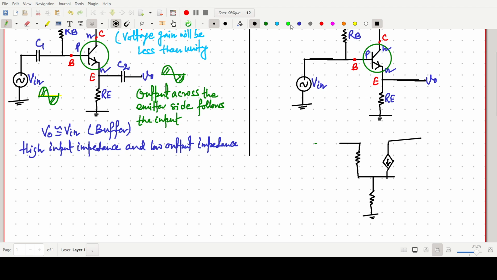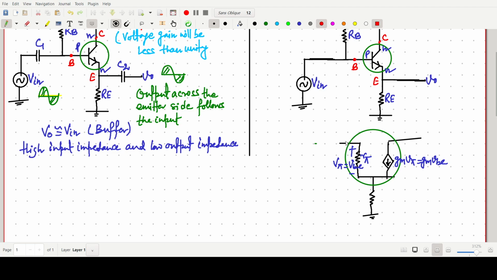This one I have made for the base, collector, emitter side. So this should simply be the r pi, and this one will be gm V pi, or sometimes we can write it as gm VBE, where this voltage is our V pi, or simply small VBE, for this transistor.